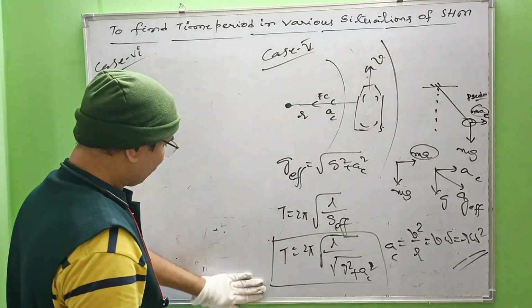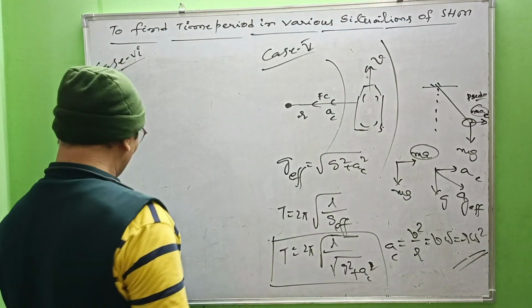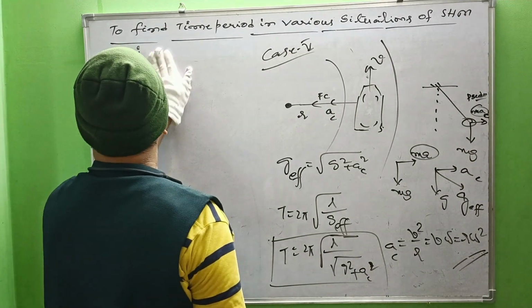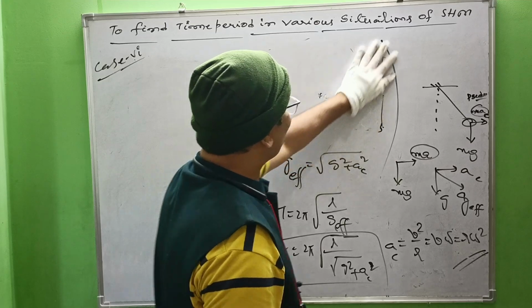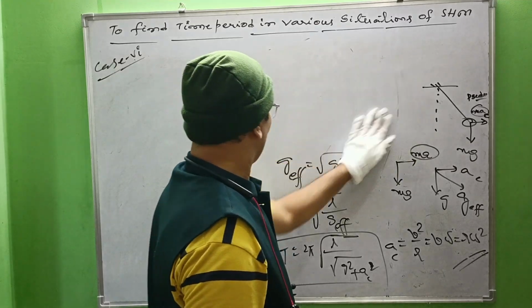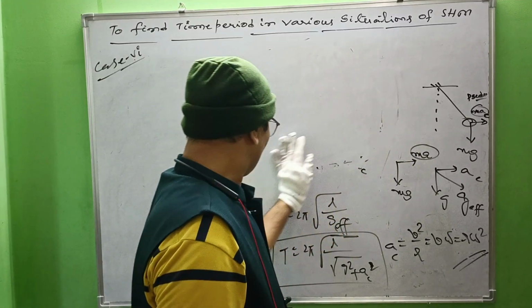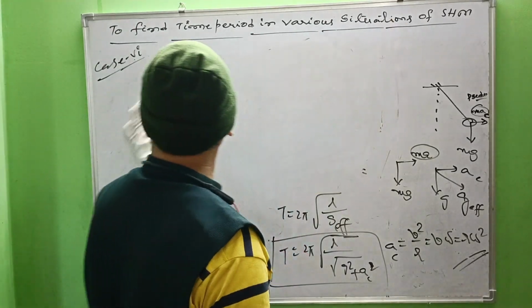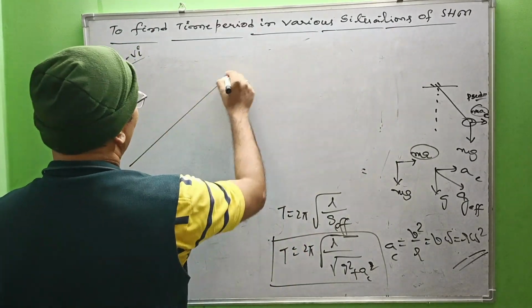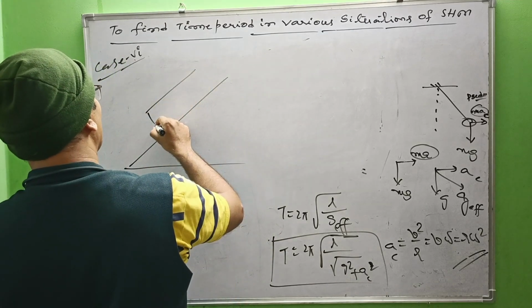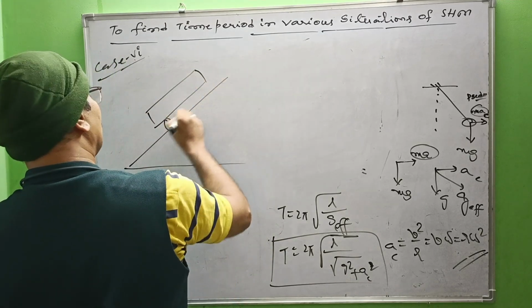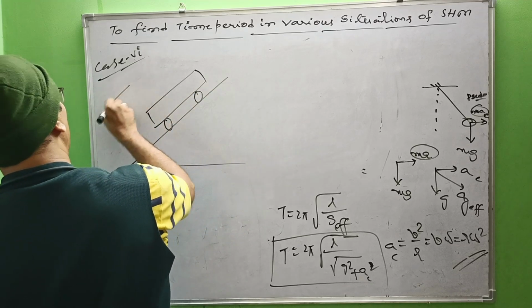To the ceiling of that car, a pendulum is fixed. What is the period of oscillation of that pendulum as the car accelerates down the inclined plane? See, this is the inclined plane like this, and here a car is going to accelerate down the inclined plane.